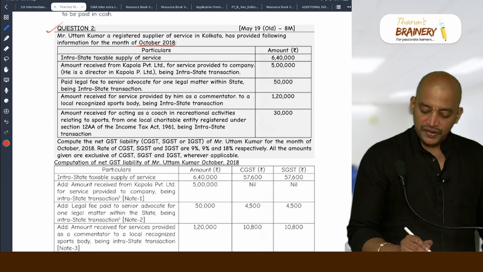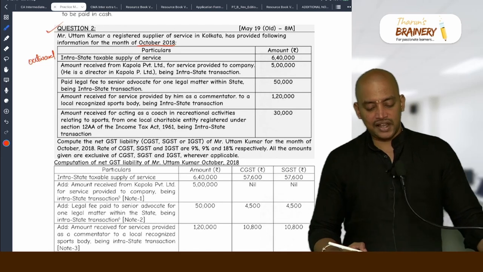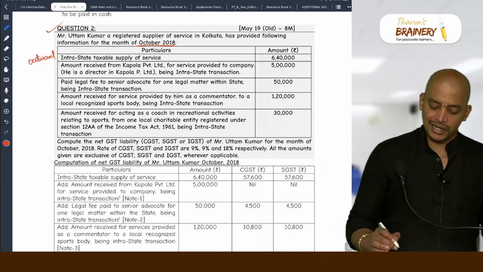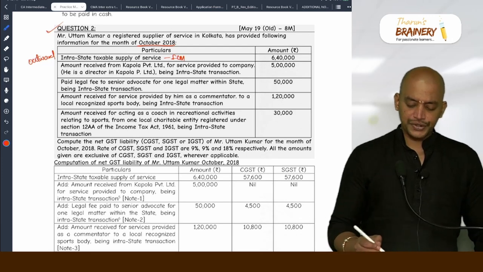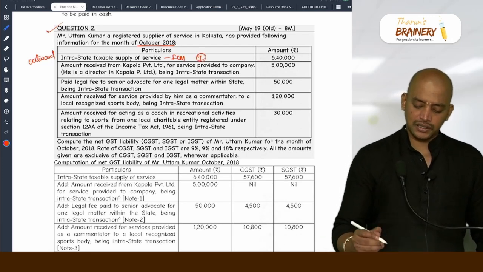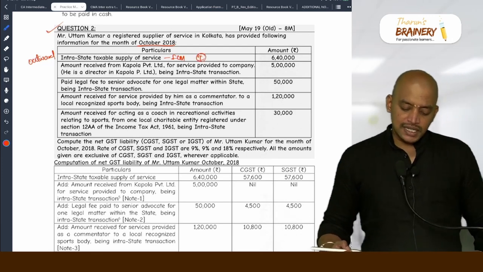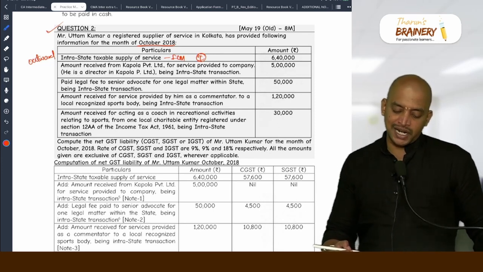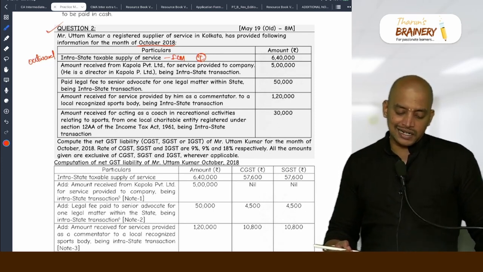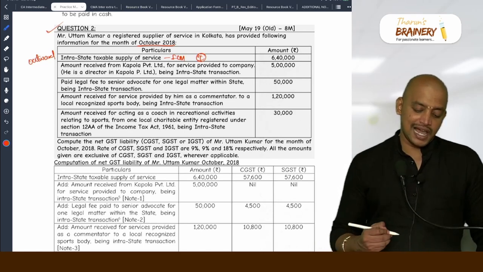Intrastate taxable supply of services, inward or outward? Outward. And is it covered under FCM or RCM? FCM only. And it is given as intrastate. So where will it be coming? Statement 1. Amount received from Kapola Private Limited for service provided to the company. He is a director in Kapola Private Limited, being an intrastate transaction.